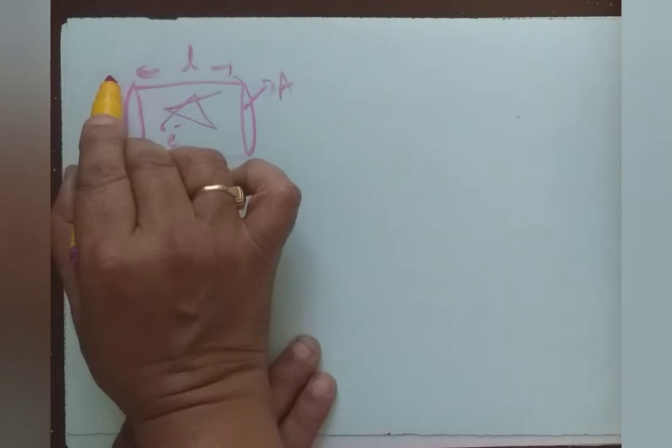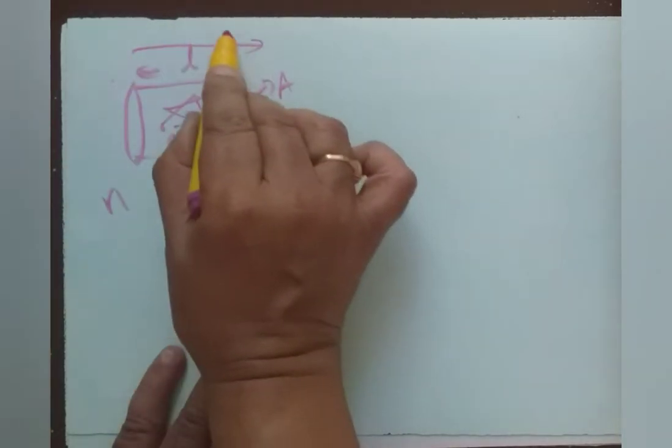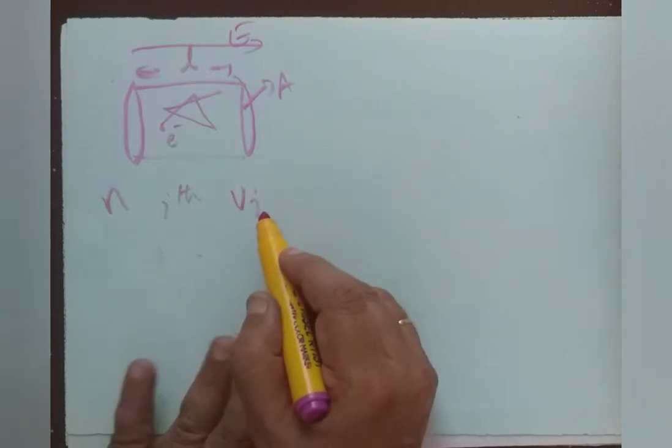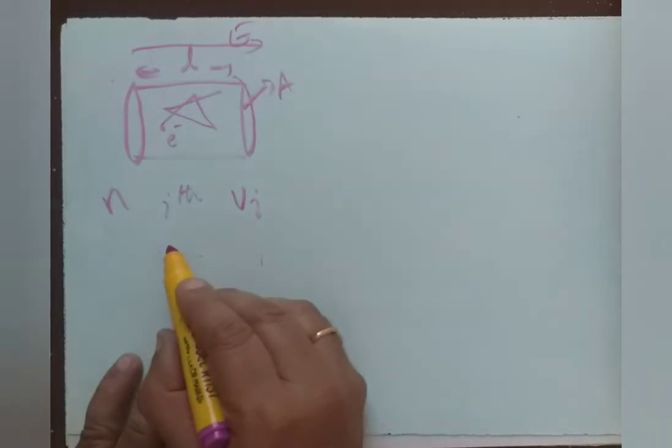Say if we imagine a field is applied in this direction, then the electron acquires some velocity due to the applied field.